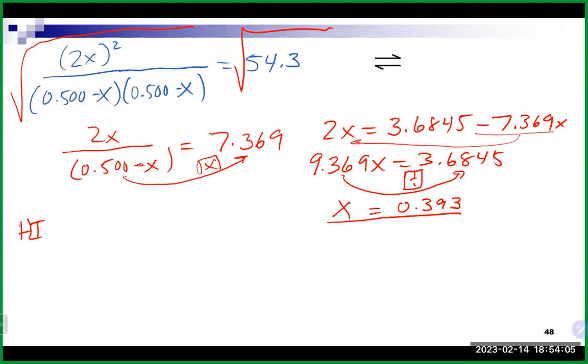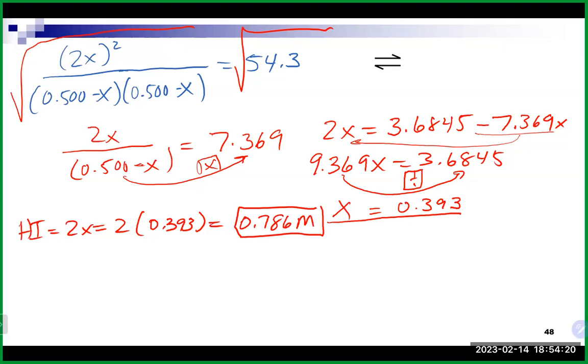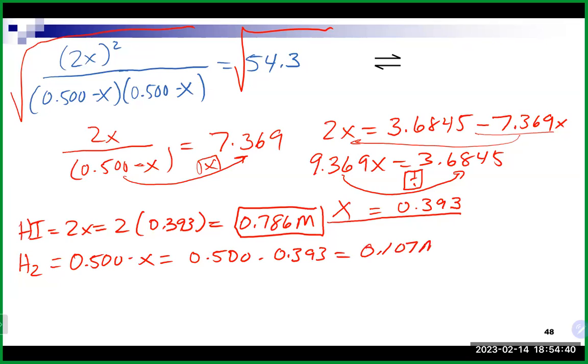So here, HI at equilibrium is 2 times x, which gives us 2 times 0.393, that is 0.786, and we do need a unit of concentration there, a molarity. Our H2, I believe, was 0.5 minus x, which gives us 0.5 minus 0.393, that's 0.107, also needing a molarity.